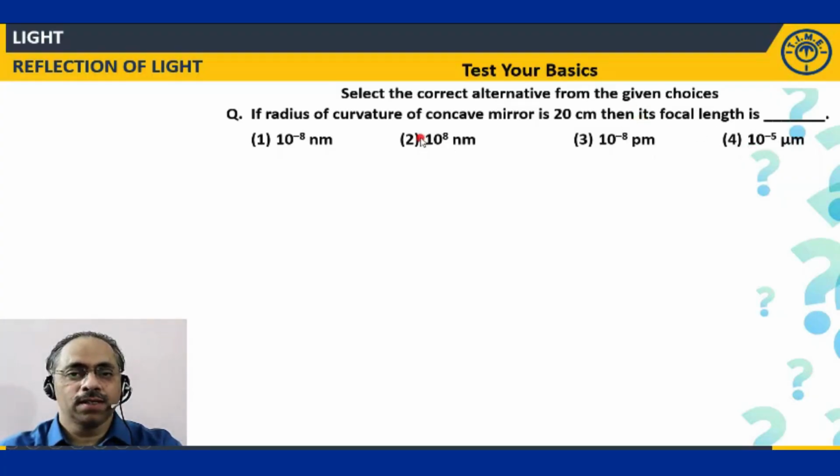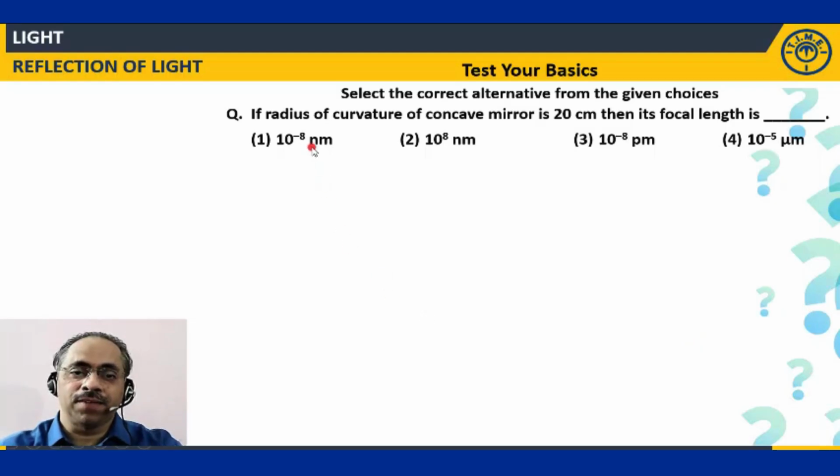For any spherical mirror, not only a concave mirror, focal length is half the radius of curvature. Try to recall it, right? So when the radius of curvature is 20 centimeter, we will have the focal length as 10 centimeter.